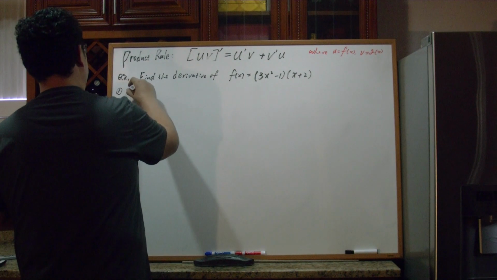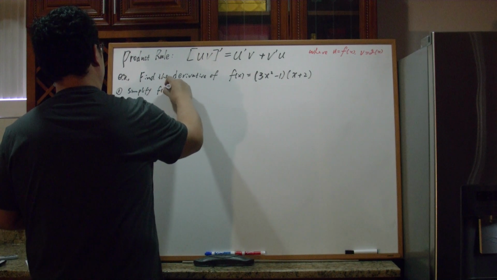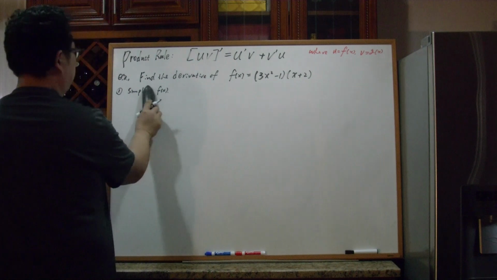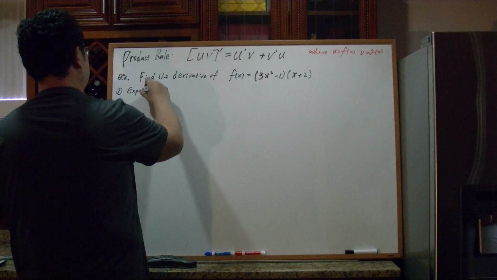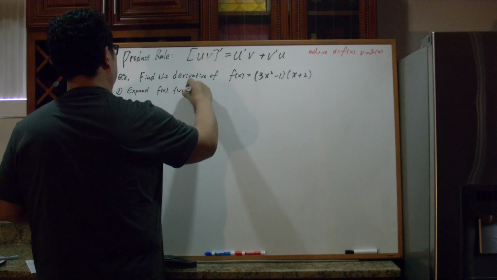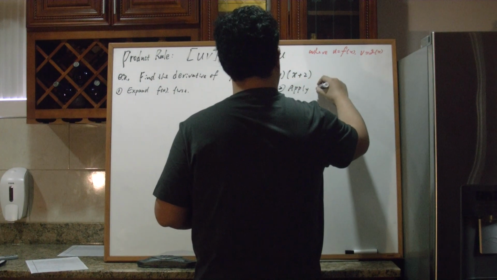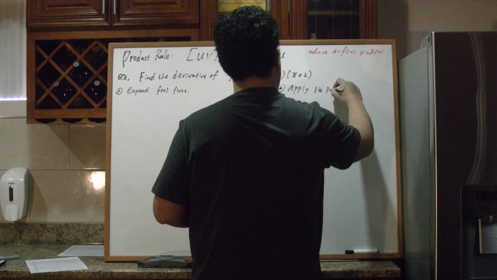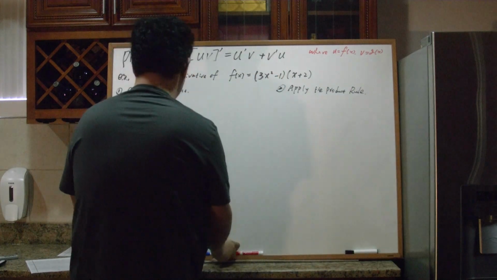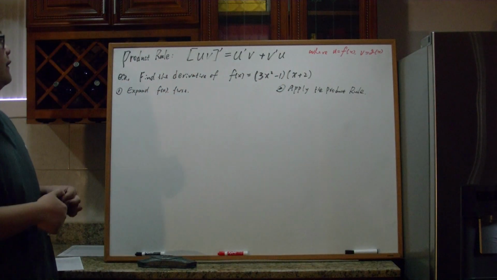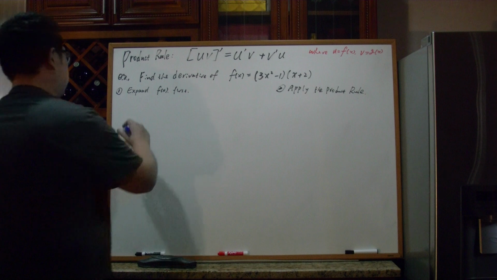First, we can simplify f of x, where simplify means expand f of x first. Second, we apply the product rule. Once we expand f of x, we will get a simple polynomial, and everything else will be doable. So let's try.